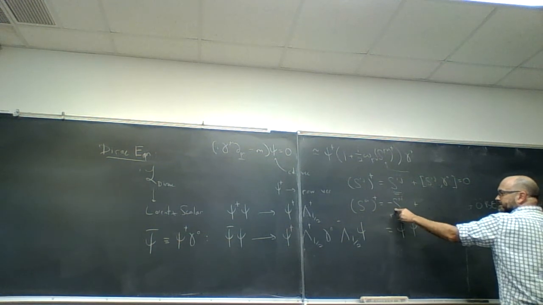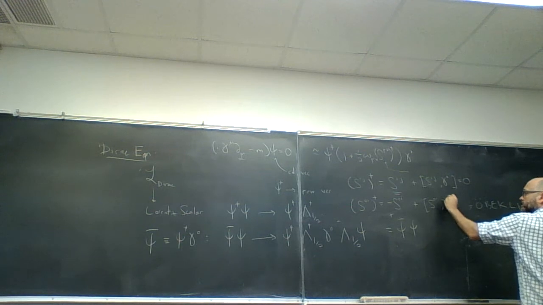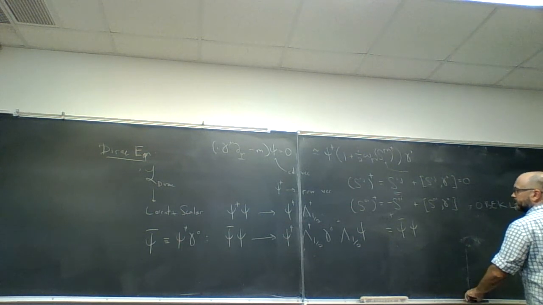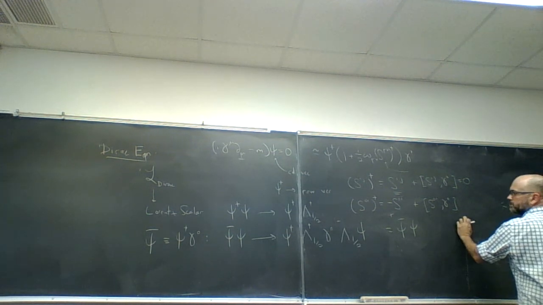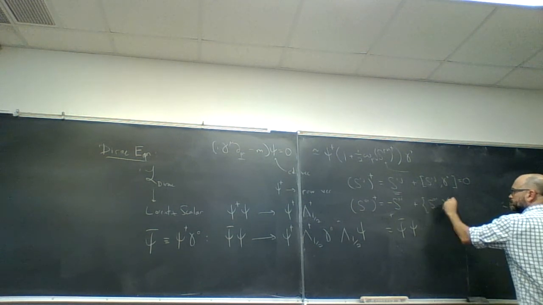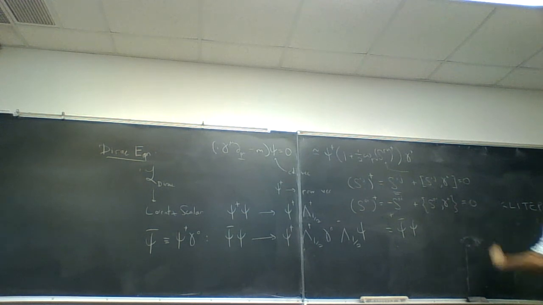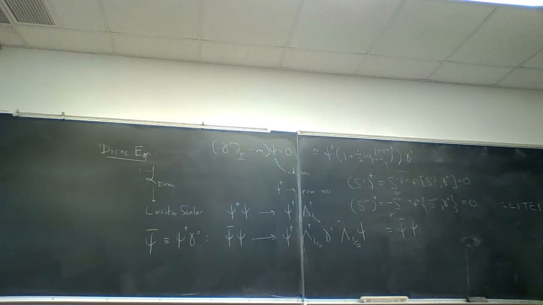Here we're using the fact that this thing is anti-Hermitian and that S0i with gamma 0 gives me a minus sign. The plus here is not literal, just in addition to those facts.